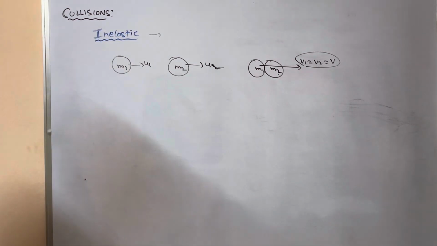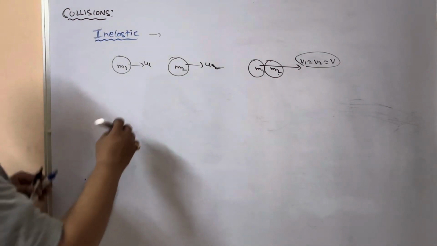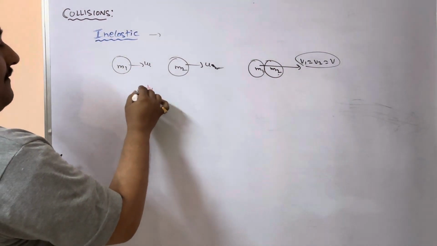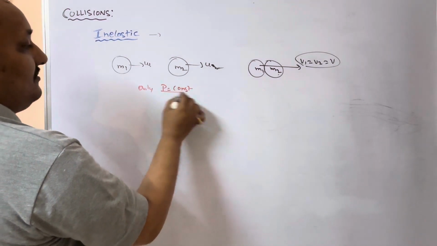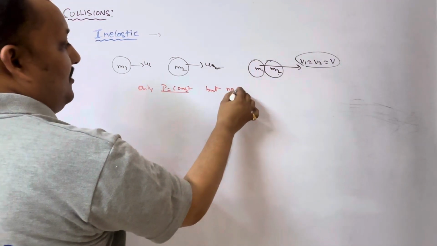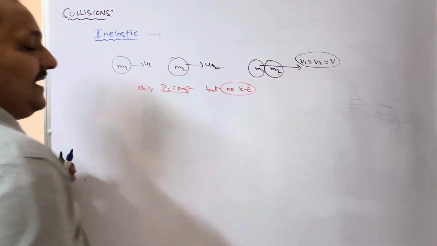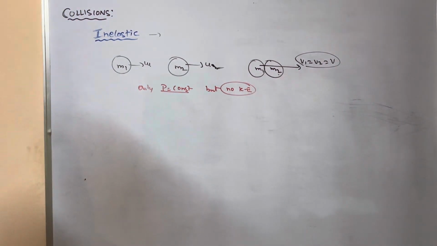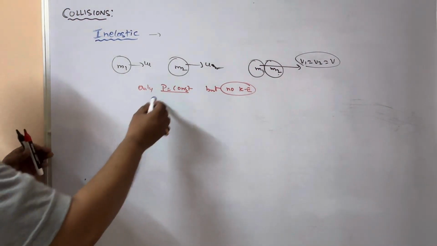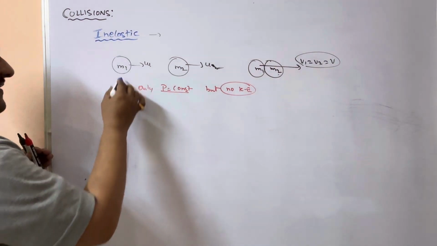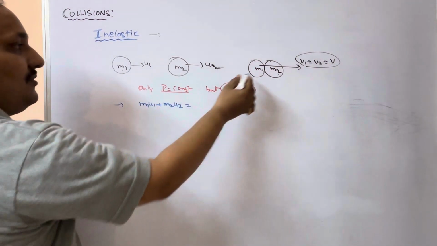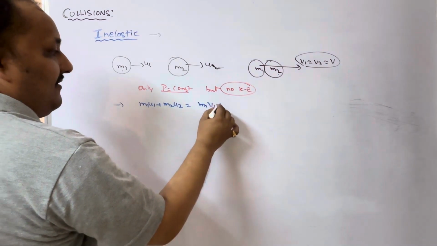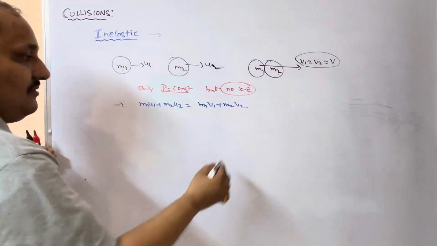In this collision, as we said already, only momentum is conserved, but kinetic energy will not be conserved. If momentum is conserved, according to the law of conservation of momentum, m1 u1 plus m2 u2 is equal to m1 v1 plus m2 v2.